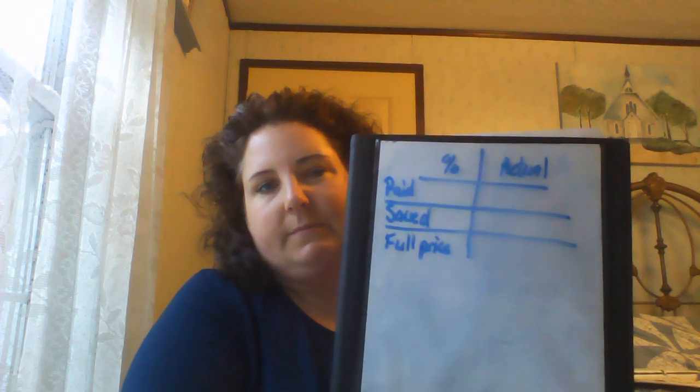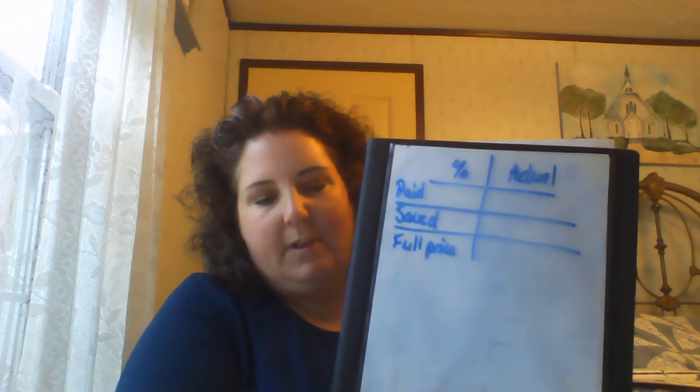So I have my percent, and I have my actual in my ratio box. And I'm going to put paid and saved, the money that he saved, and then my full price of everything. Okay, so there's my box.